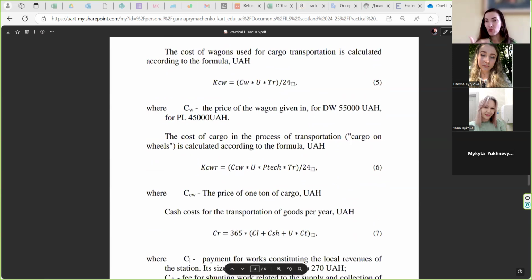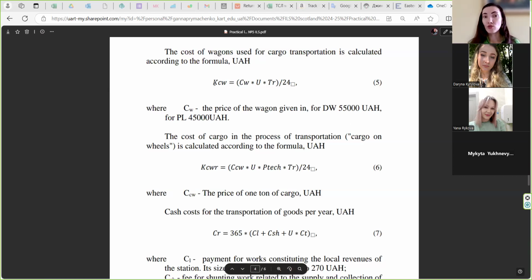It is faster to solve; you can think it is more difficult, but it is very simple. In formula 5 there is such a parameter as K with index CV. It means that we need to find the cost of wagons used for cargo transportation. It is calculated according to this formula, and the result we have in Ukrainian hryvnias.